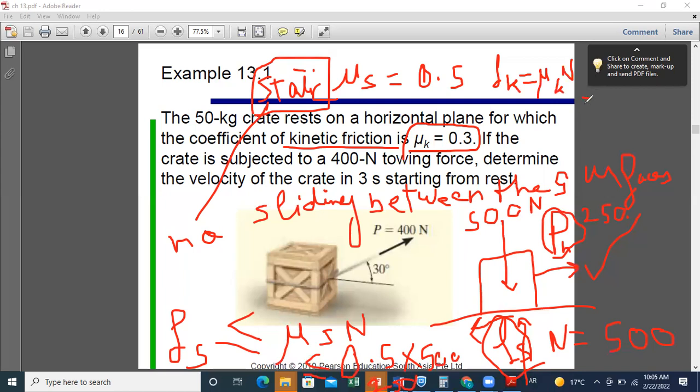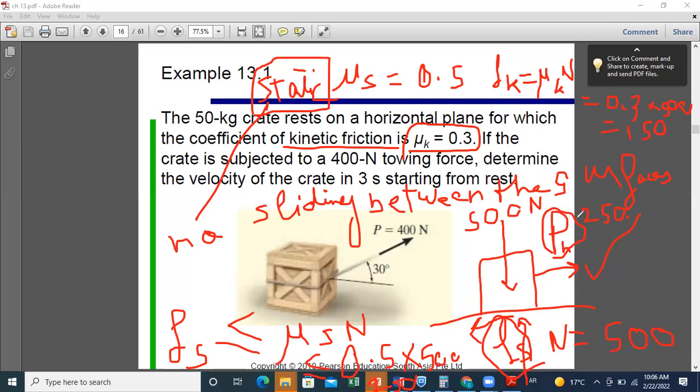And it will be equal then to 0.3 times 500 equals 150. And then my box will have a certain acceleration and will move. So this is the difference between static and kinetic.